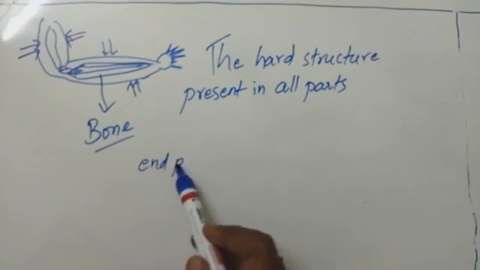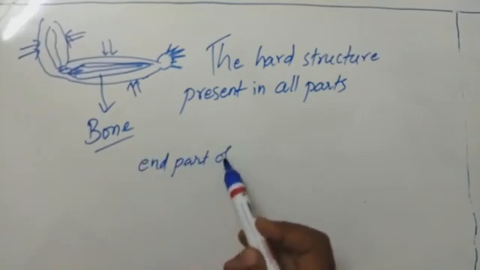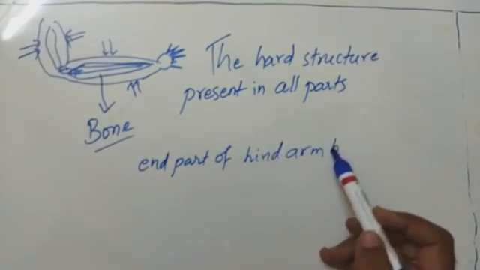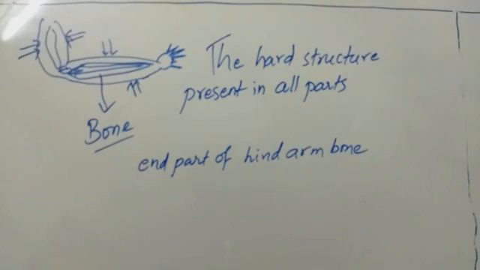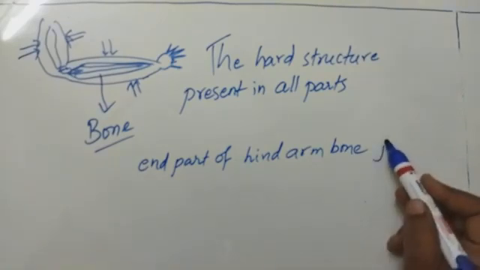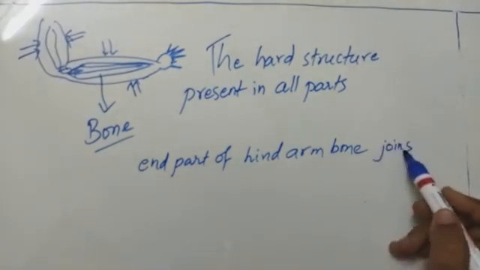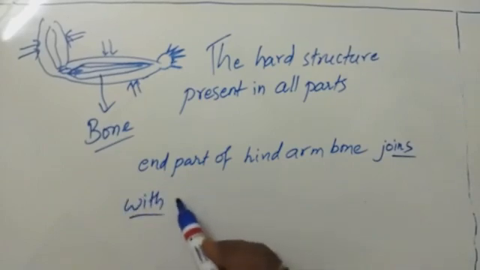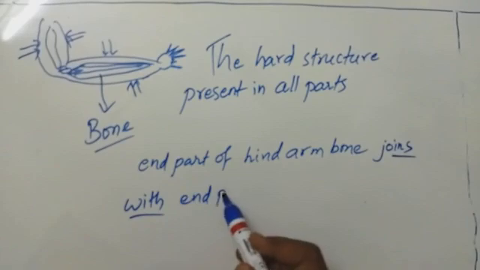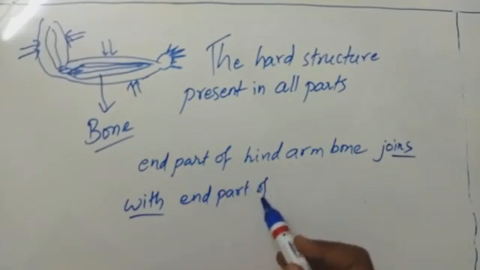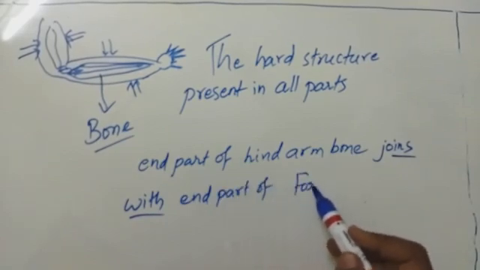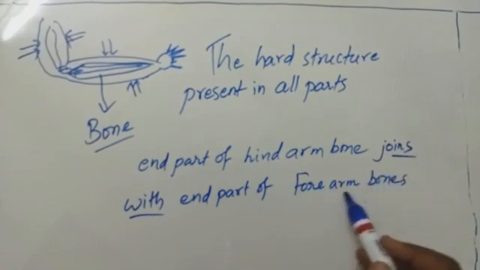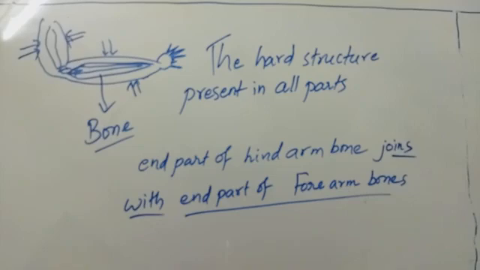The end part of the hind arm bone joins with the end part of the forearm bones, right?